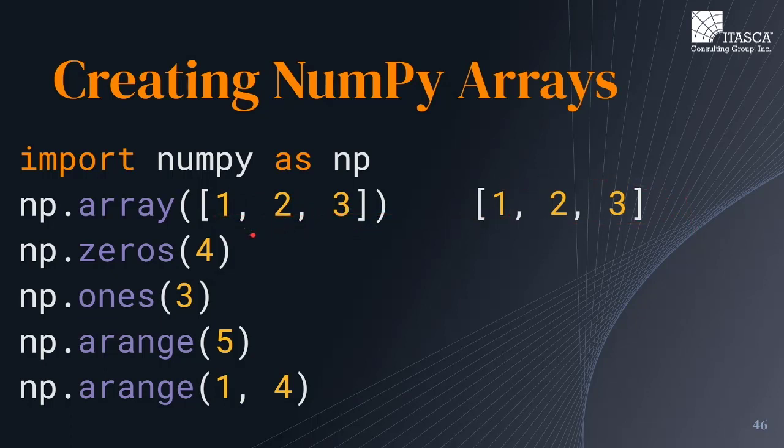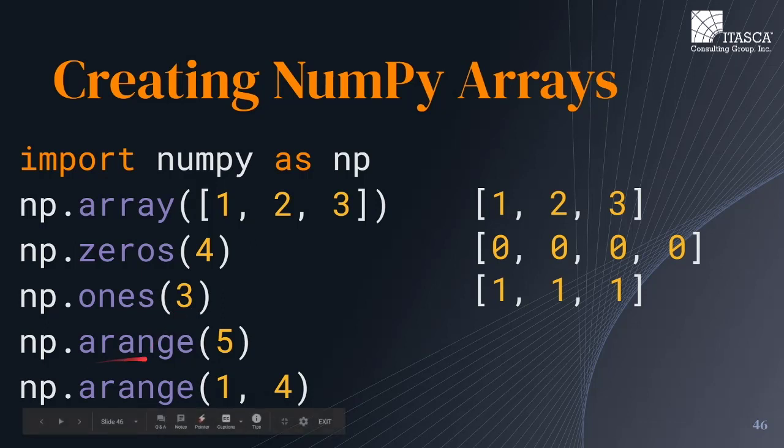Additionally, we can use the zeros function, passing in an argument for the size, to create an array of zeros with as many zeros as we pass in. Similarly, the ones function creates an array of ones with as many ones as you pass in.